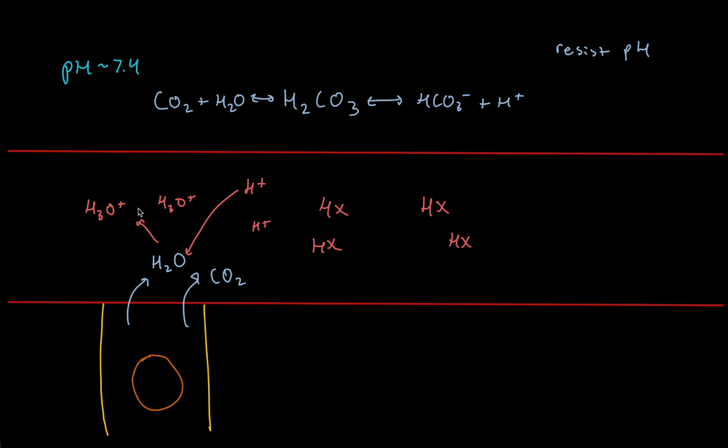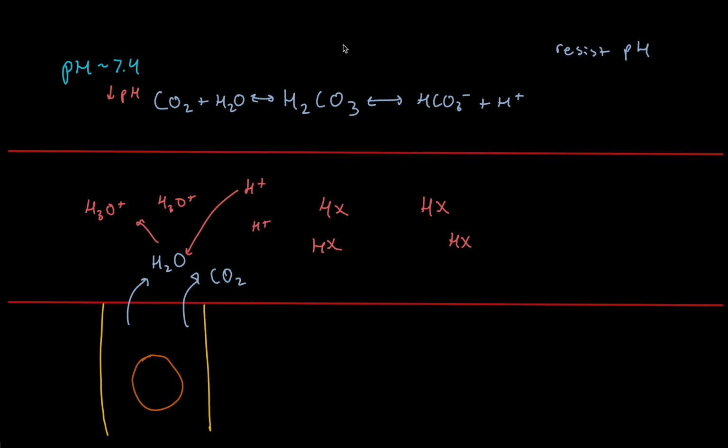If we increase the amount of hydronium ions in our bloodstream, this is going to decrease our pH. Responding to this decrease in pH, this is where our bicarbonate comes into play.